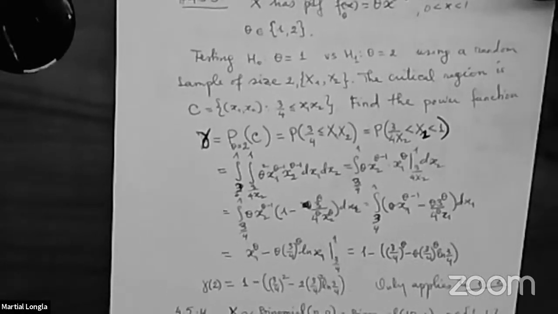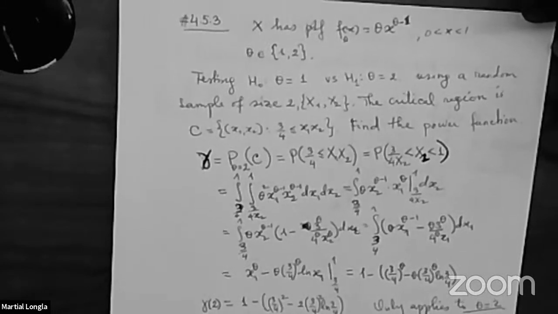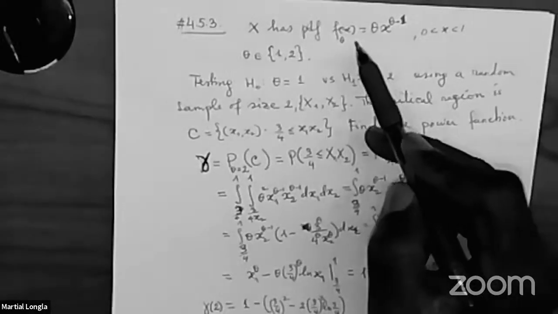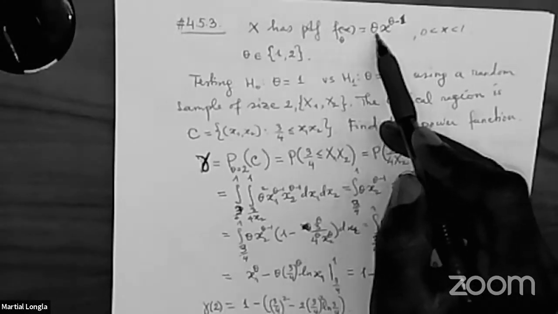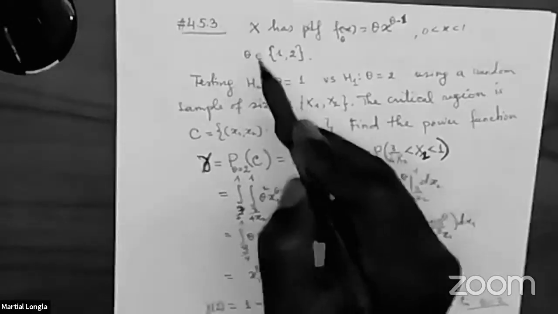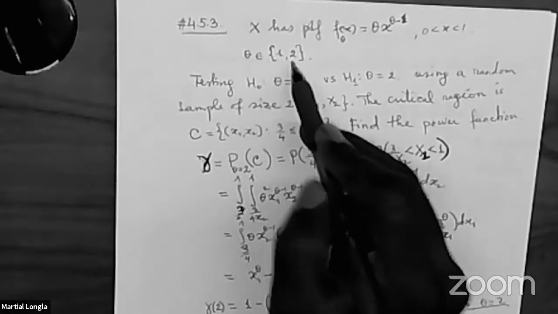Now the next problem is 4.5.3, testing. So you have a random variable from PDF f of x equals theta times x to the theta minus 1, with x between 0 and 1, and theta is in the set {1, 2}.